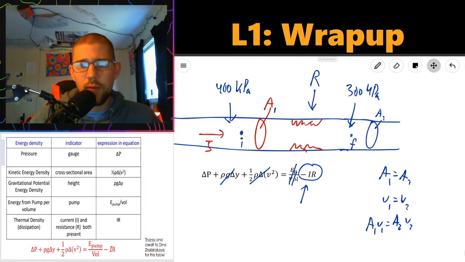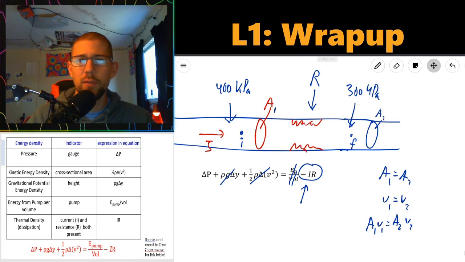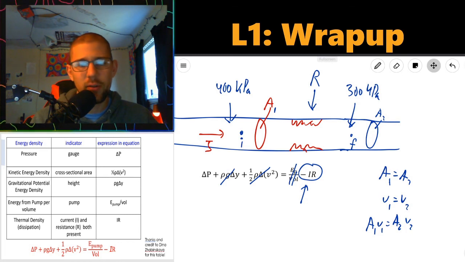The last thing I wanted to leave y'all with was just a quick summary of the terms of the Bernoulli equation. This table was created by Dina. Shout out Dina if y'all have seen her around the physics department or in previous lectures. In the first column, we've just got the names of each of the energy densities. If you refer to them by these names, we'll know what you mean. Also, if you call them pressure head, kinetic head, etc., we'll know what you mean.